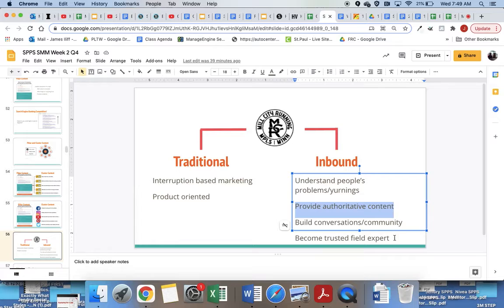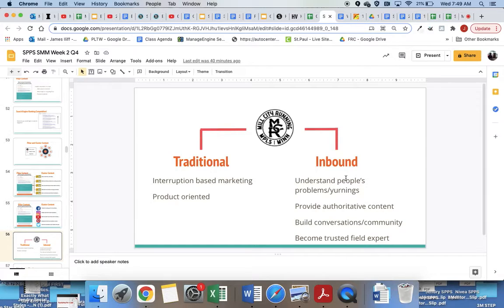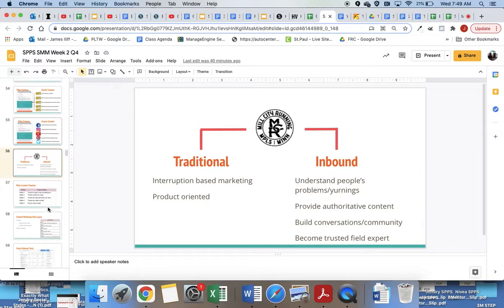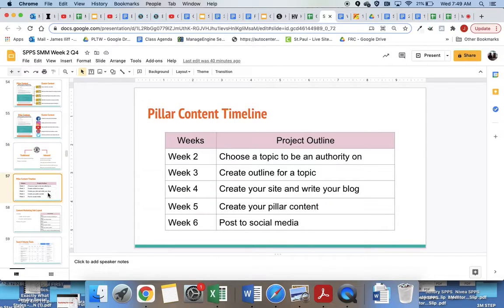You become the trusted field expert. And you build relationships with your customers based on solving their problems. So this inbound marketing is a new method of marketing, and we are really excited about it. Well, what does that mean for us?